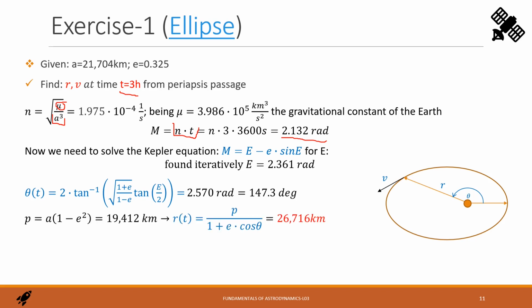After determination of P, from the trajectory equation, we get R, that is 26,716 kilometers. Finally, with the vis-viva equation, the modulus of the velocity is 3.387 km per second. We notice that in this problem, only the modulus of the velocity and the radius are requested.